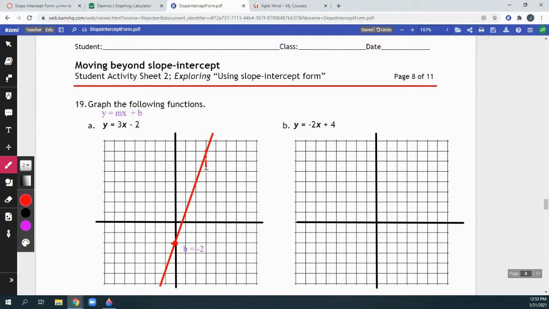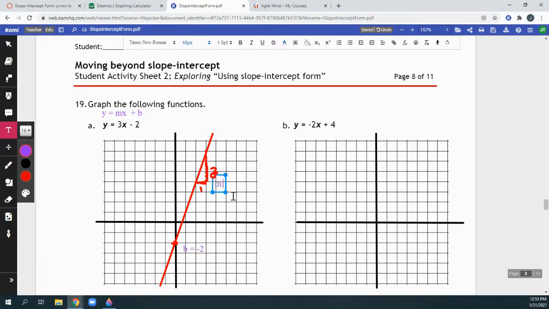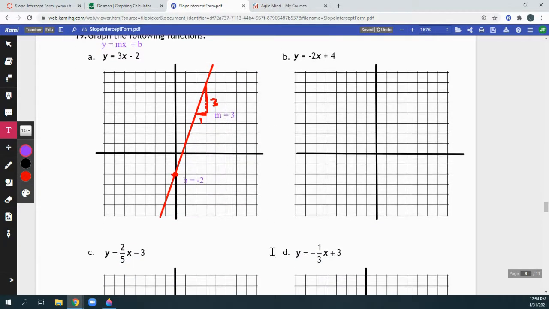And here we have m equals 3. Okay. That's what I would like to see. Notice 3 up. I could say 3/1 if that helped you see both numbers. Okay. So we're going to go to this one.